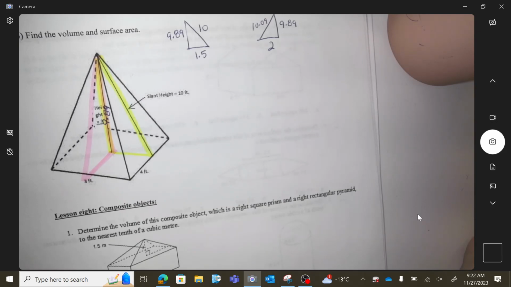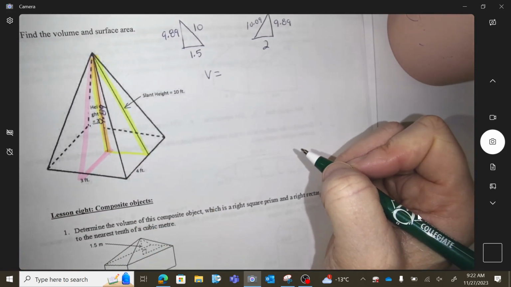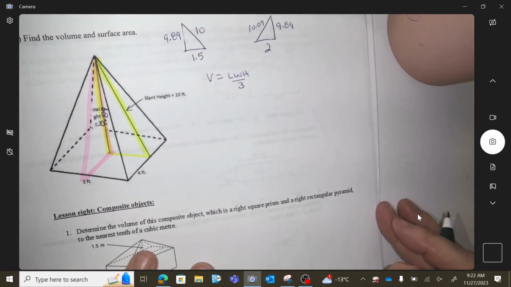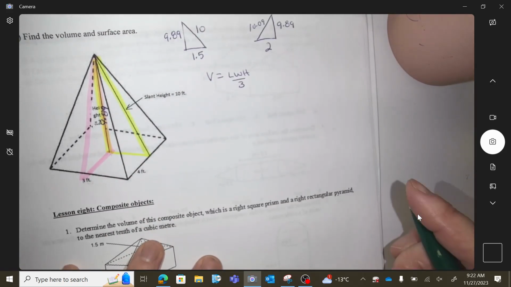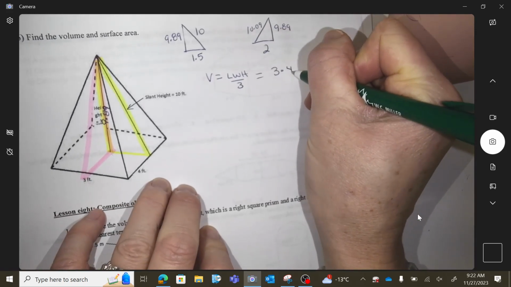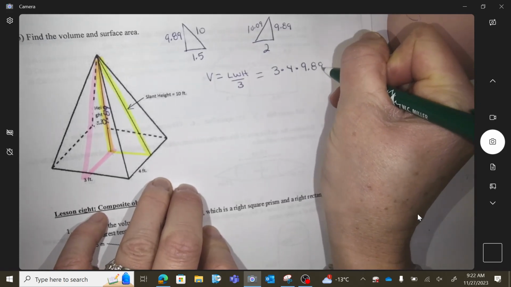Somebody match. No one's arguing. Okay, so it says find volume and surface area. So volume is easy. We have all the info for that. Length times width times height over 3. So the length and width are 3 and 4, and the height is 9.89.